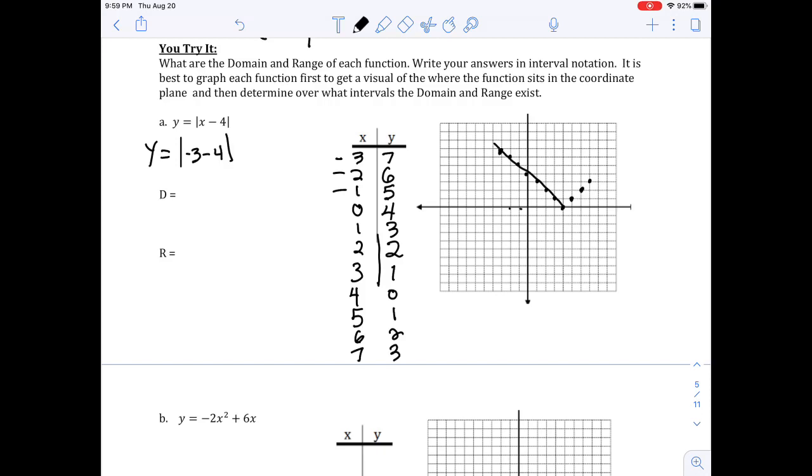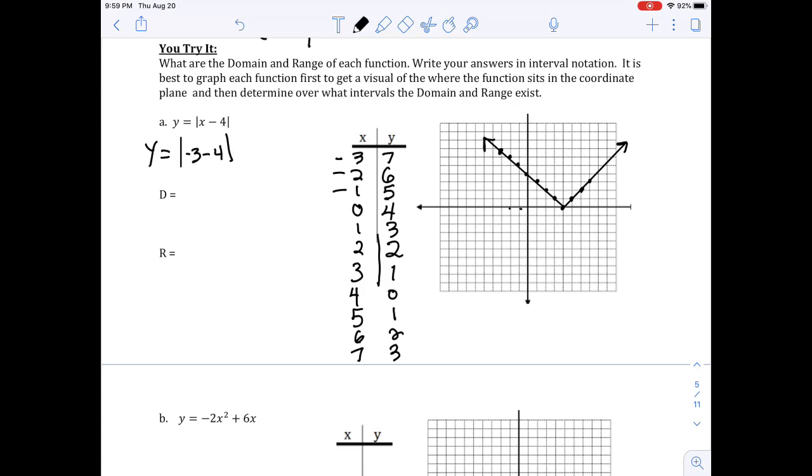All right, so let's graph this. When you graph using your stylus, if you graph and then you stop, it straightens out the line. It's pretty nice. All right, now we have a picture of our absolute value graph.